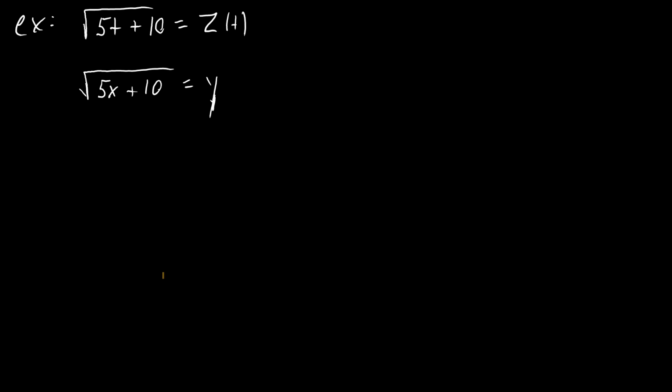Okay, so what is our domain? Remember, domain, we cannot have negative numbers. This is bad. No. So this has to be positive, or greater than or equal to 0, right? Square root has to be greater than or equal to 0. Okay, so let's just solve for this.